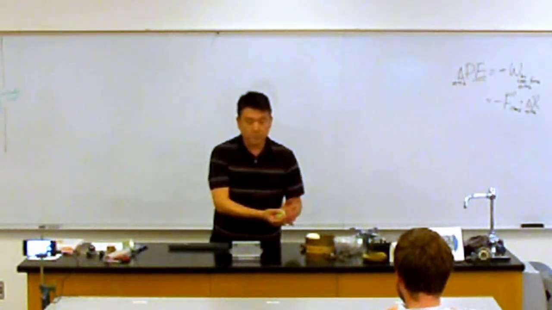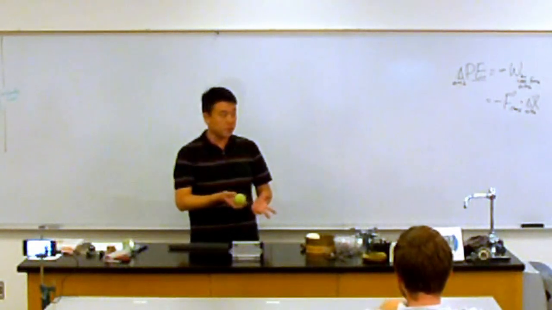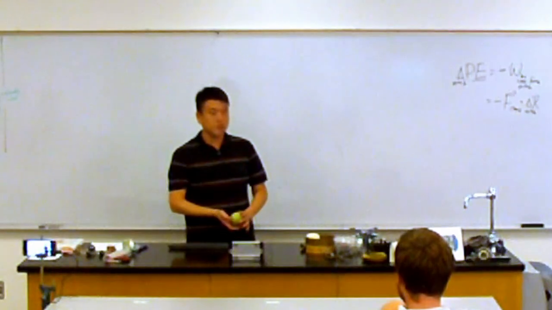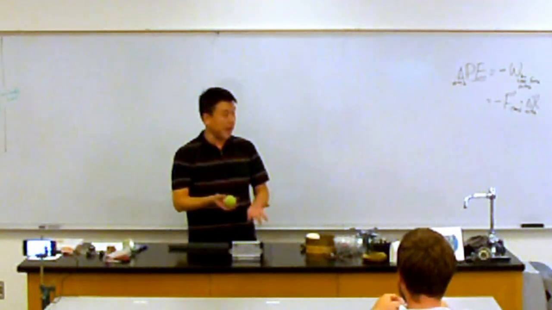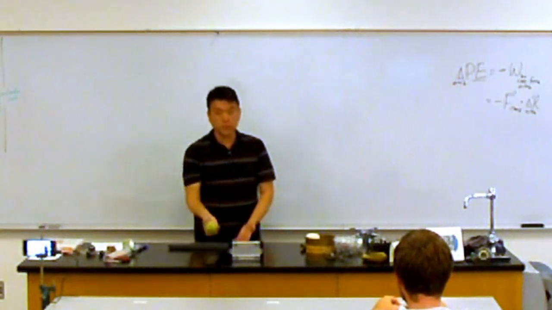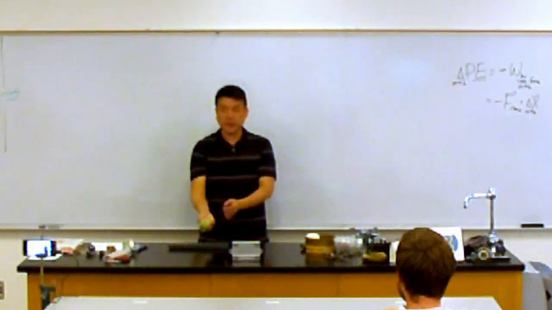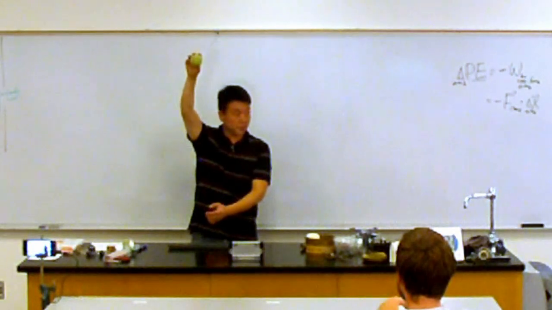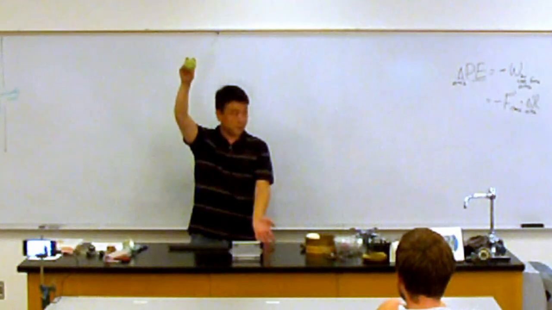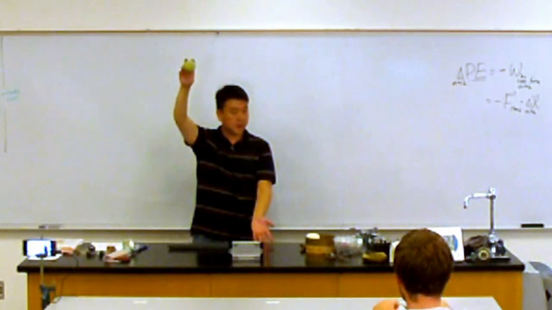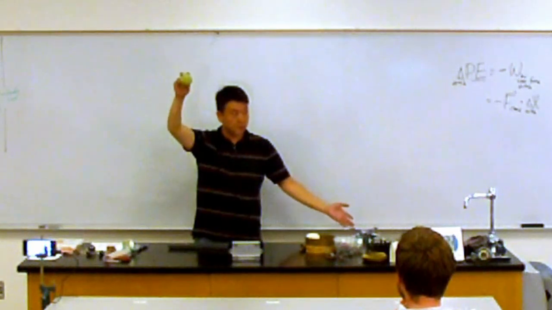But somehow, we don't say that with gravity, even though gravity can be used to take kinetic energy out of a system. I throw this ball up, and if I catch it right at the top here, at this point, the kinetic energy is gone. But we don't say that that energy is just gone.